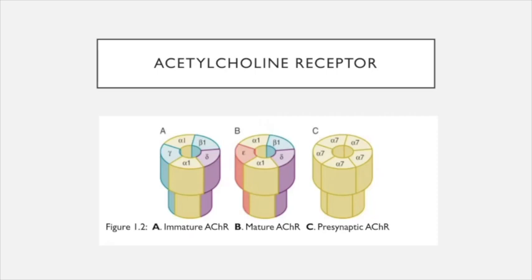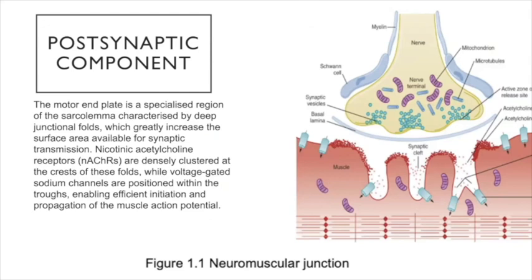Another important thing just to mention is that when acetylcholine binds to the acetylcholine receptor, it only exerts its effects for 1 millisecond. That's why the whole theory behind the quanta theories is important, because acetylcholine doesn't hang around the postsynaptic region for very long.